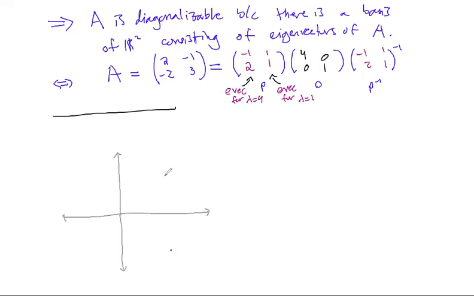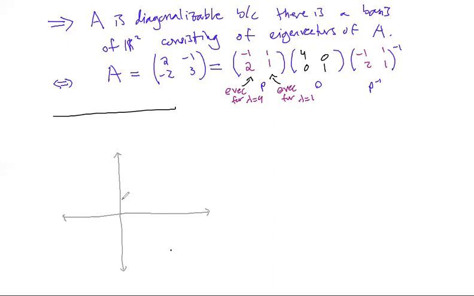And these give you coordinates, but we've learned that there's no natural coordinate system on R2. You can pick any coordinate system you want, and so we're going to pick a coordinate system that has these eigenvectors, because we know A is diagonalizable, so we know there's a basis of these eigenvectors. So we're going to draw a different coordinate system that has these eigenvectors as the x and y axes.